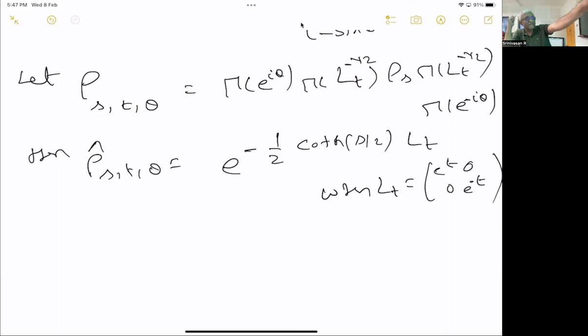Now the point is, you conjugate this LT with e power I theta, but then you have to conjugate twice. If you want, you can insert a gamma e power I theta here, and its star, which is identity, and you can do it here. But then conjugating rho s by any unitary does not change anything, right?